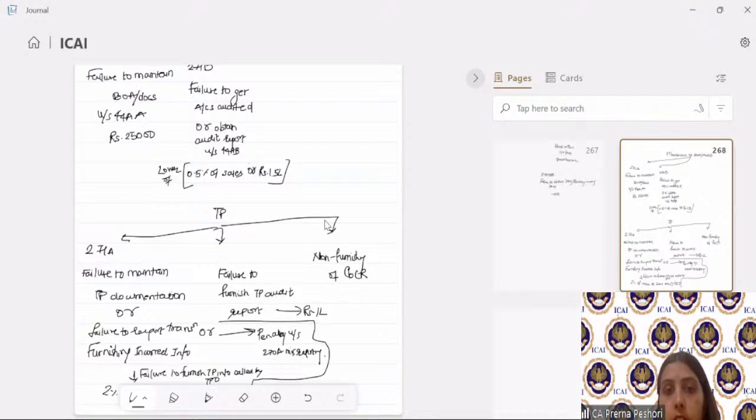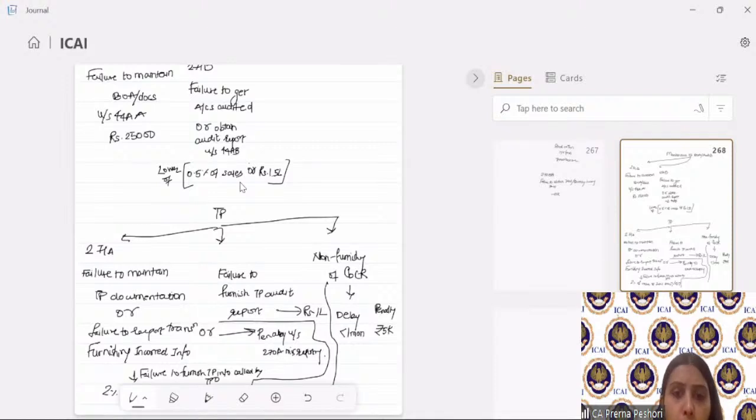Then if the period of delay is less than 1 month, the penalty will be rupees 5,000 per day.